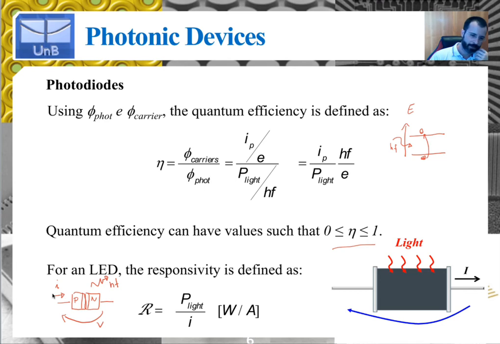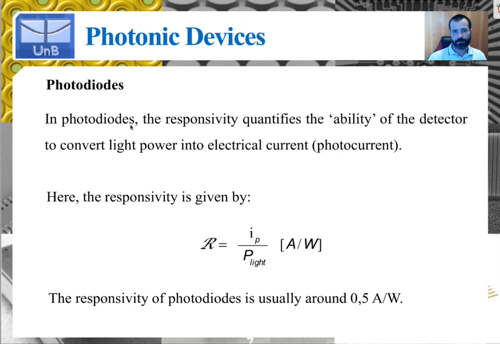Because you're taking a current and turning it into an emitted beam of light, you want a parameter that can give you an efficiency in terms of how much optical power is emitted per unit current. So it makes sense that the responsivity has to be this. In photodiodes, on the other hand, the responsivity is a different quantity, although it has the same name.